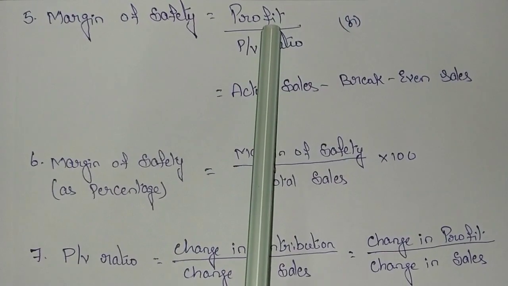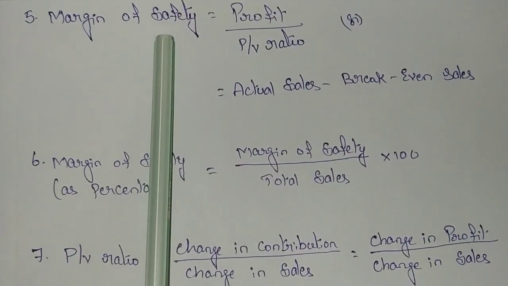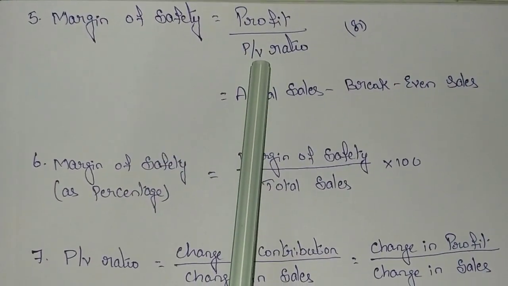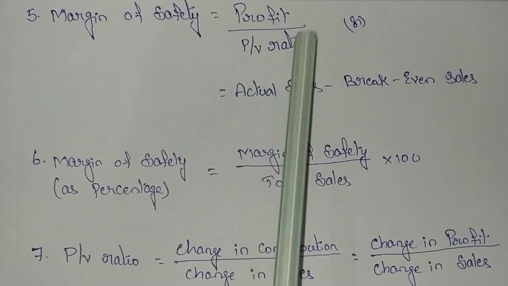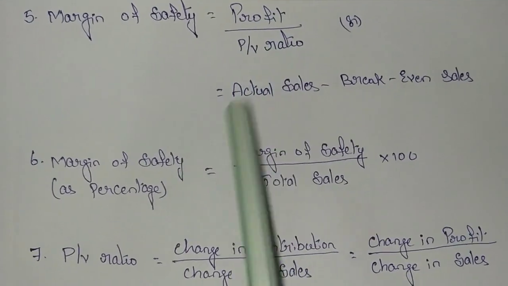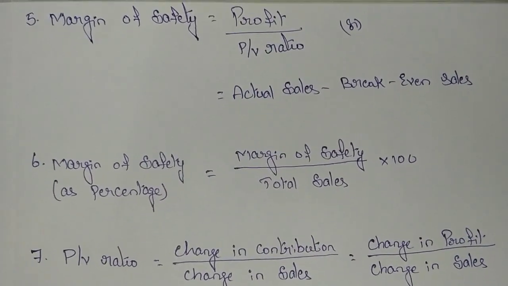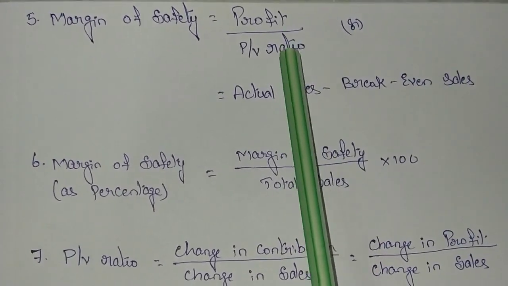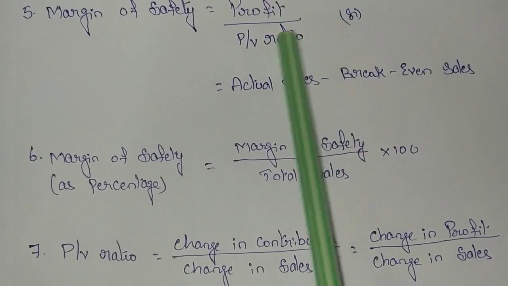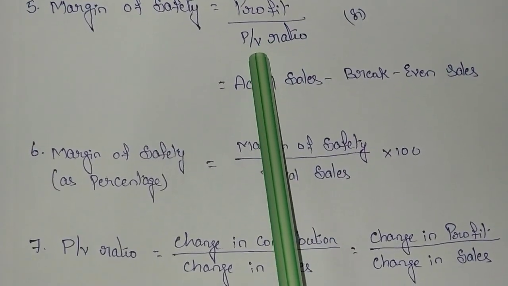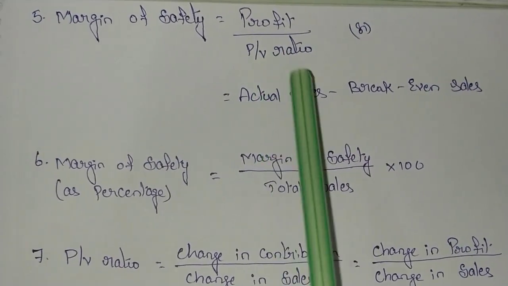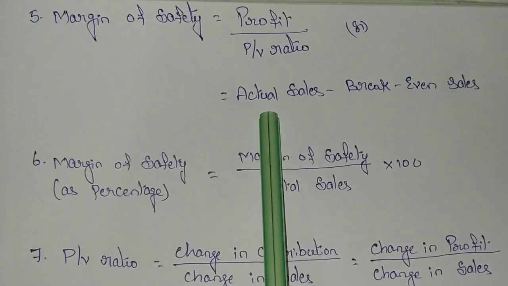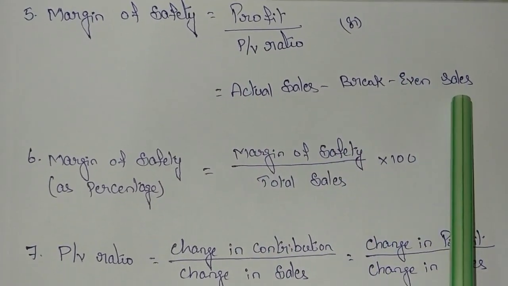So to calculate margin of safety, first you should calculate the PV ratio. Then you take the profit divided by PV ratio, and you will get the margin of safety. Or in cases where the profit information is not given and there is no information to calculate the PV ratio, we will use the formula actual sales minus break even sales.